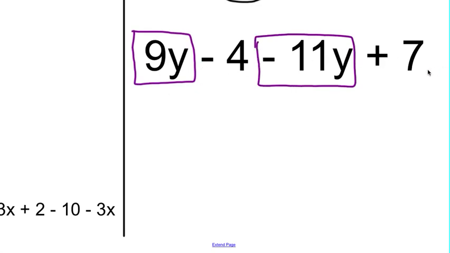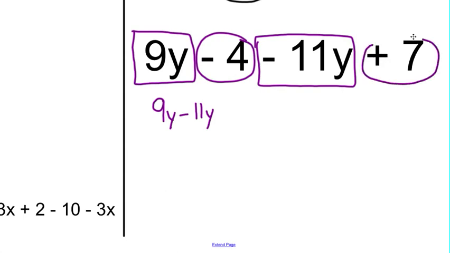Are there any other y's? Not that I can see, so I know I have 9y minus 11y. Then behind it I have a constant, because it has no variable, of negative 4 and a positive 7. So I have a negative 4 plus 7.